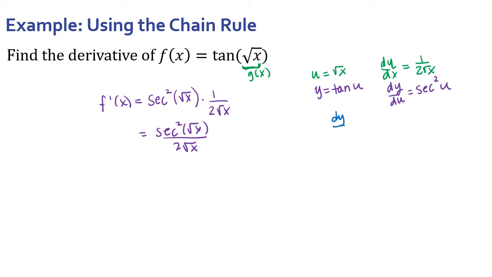So dy over dx equals dy over du, which is secant squared of u, times du over dx, which is 1 over 2 root x. And then I have to go through and substitute in what u was. So u was the square root of x. So you still get the same answers. So again, whichever way makes the most sense to you is what I would recommend using.